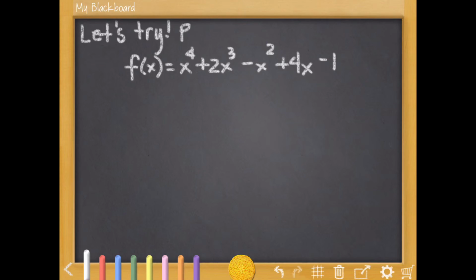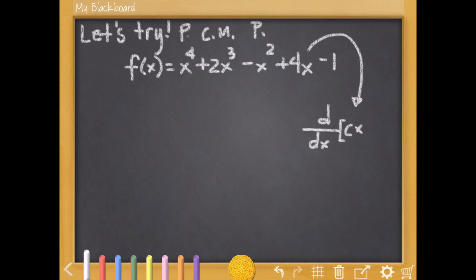For x raised to 4, we're going to use the power rule, for 2x raised to 3, we're going to use the constant multiple rule, and for negative x squared, we're going to use the power rule. For 4x, we're going to take note that the derivative of a constant times a variable is the constant. And for a constant, always take note that its derivative is always 0.